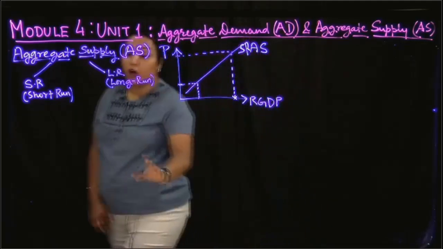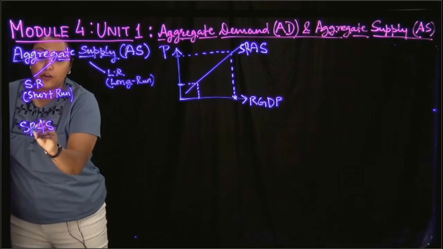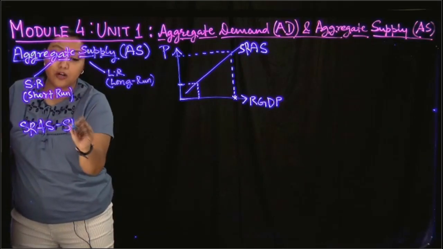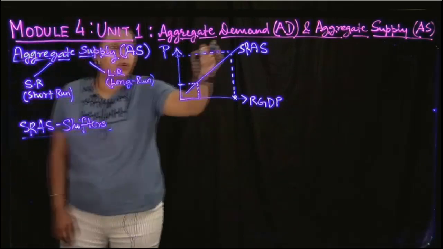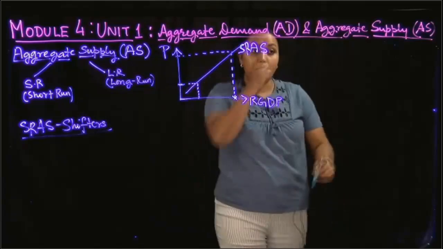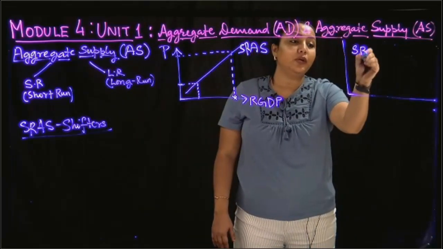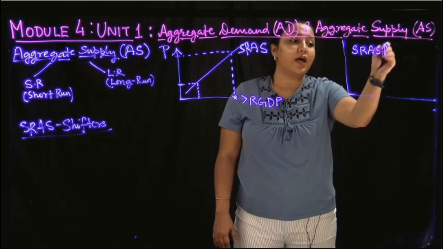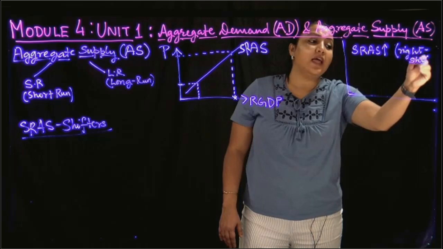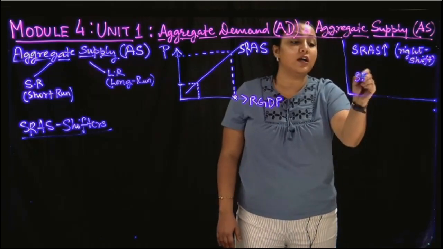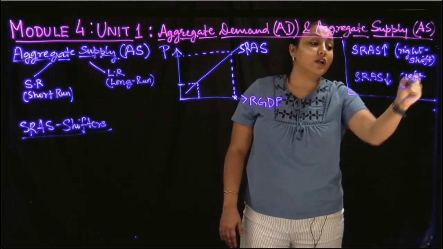Now let's quickly talk about the aggregate supply shifters or the short run aggregate supply shifters. So what are the factors that can shift this positively sloped short run aggregate supply? But before that, please remember that anything that's going to increase the short run aggregate supply will cause a right shift. That's still going to be the same thing. And anything that's going to cause a decrease in the short run aggregate supply is going to cause a left shift.